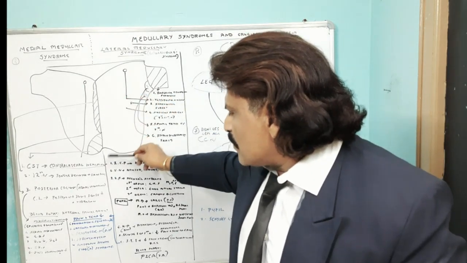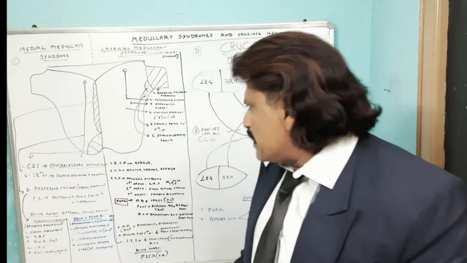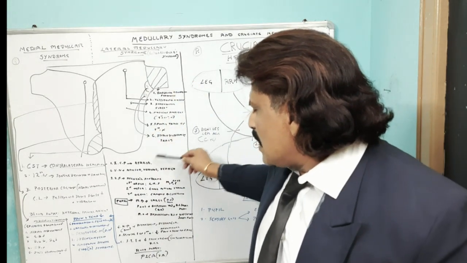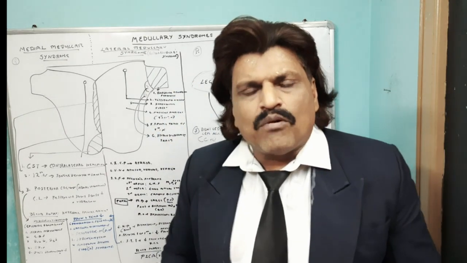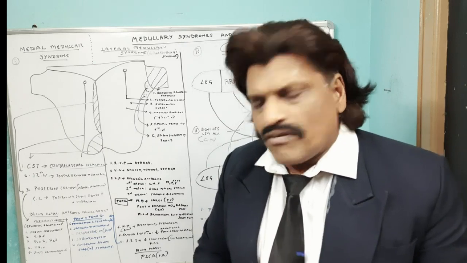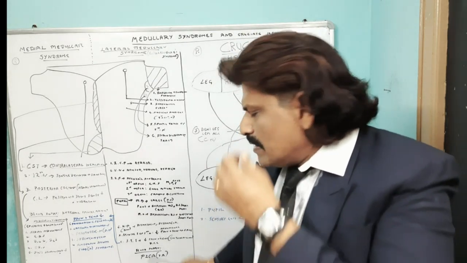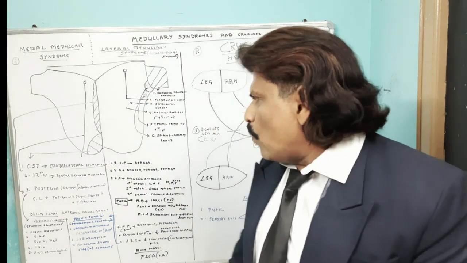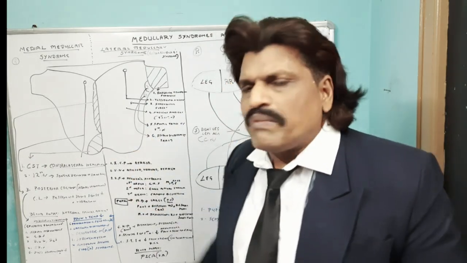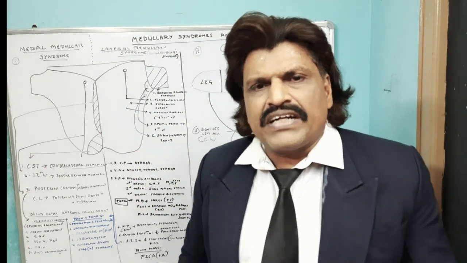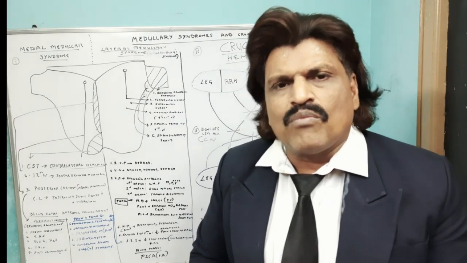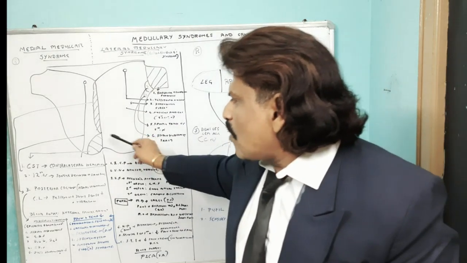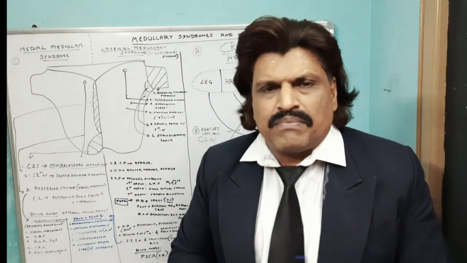The medial part of the medulla oblongata is supplied by the anterior spinal artery, but the lateral medulla is supplied by the PICA, posterior inferior cerebellar artery, a branch of the vertebral artery. Here there are two important points in lateral medullary syndrome. One, the corticospinal tract will never get affected in lateral medullary syndrome or Wallenberg's syndrome, because the corticospinal tract is medially placed.